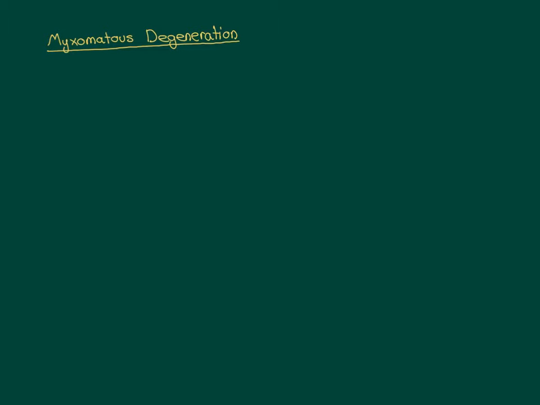But before we do that, let me start by drawing a picture of the 3 layers of connective tissue of a heart valve cusp, because we've long since lost our picture of that, and it's going to be very important for us to have that picture in front of us when we describe what myxomatous degeneration is.